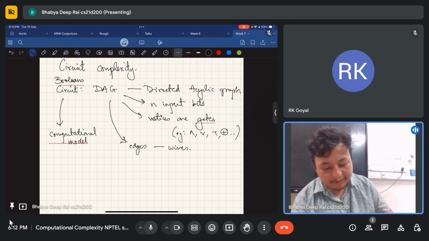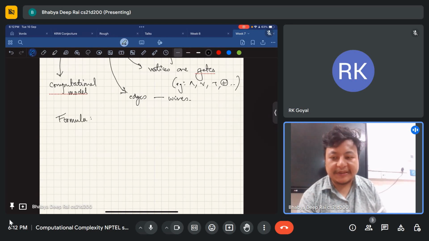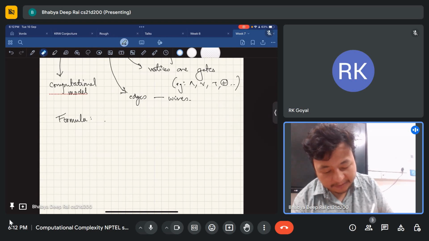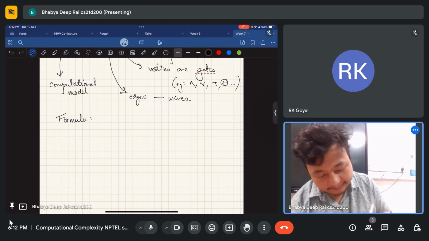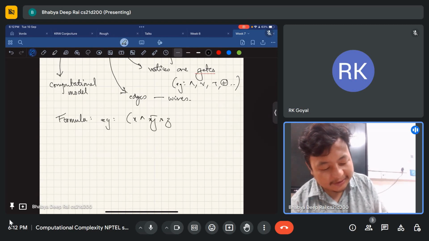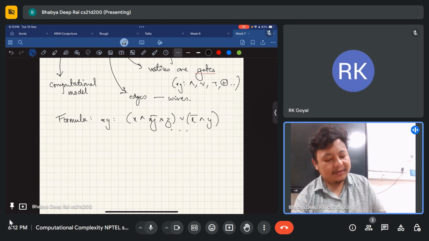But what is a formula? A formula can be something like, an example, x AND y bar AND z, or x bar AND y, and so on.